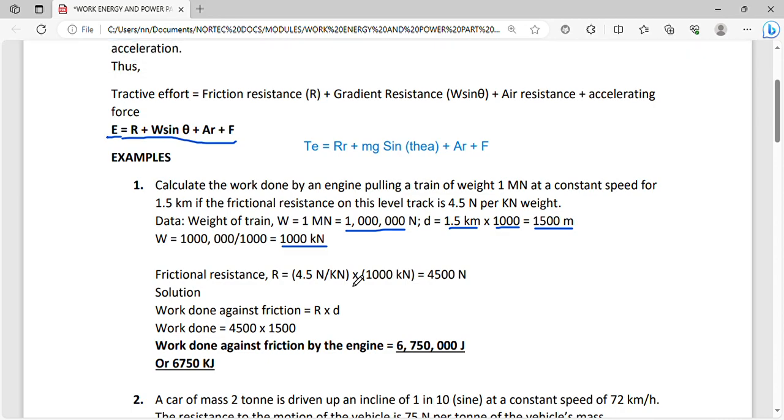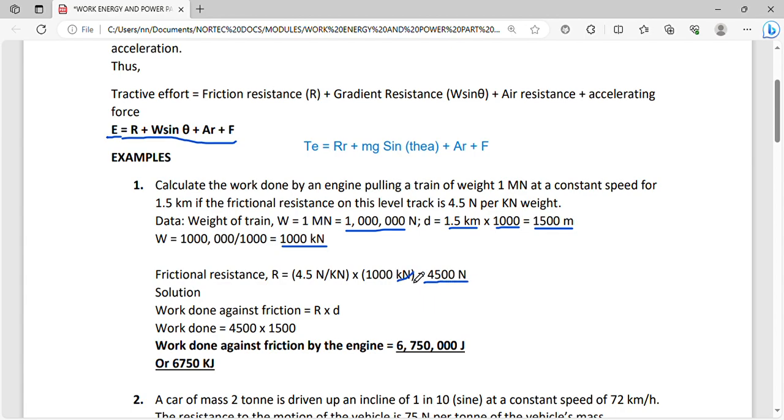We also have the rolling resistance, where we've been told that it's 4.5 newton per kilonewton. So what we need to do is simply to multiply that 4.5 by the total weight in kilonewtons. Then the kilonewtons will cancel, and what you have is the answer in newtons.